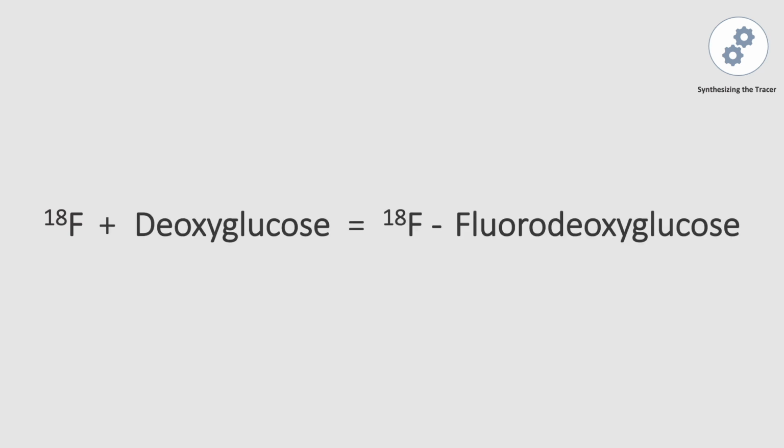Let's take a closer look. As previously mentioned, F18 is a very common isotope used for the scans. It is combined with a molecule called deoxyglucose to form F18 fluorodeoxyglucose, short FDG. This tracer is often used in the field of oncology.